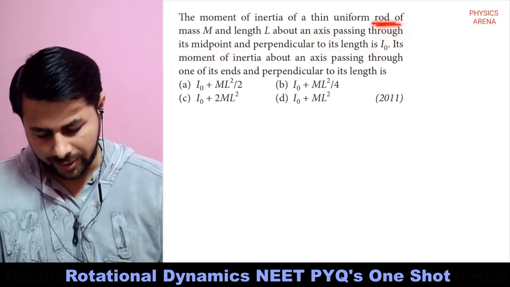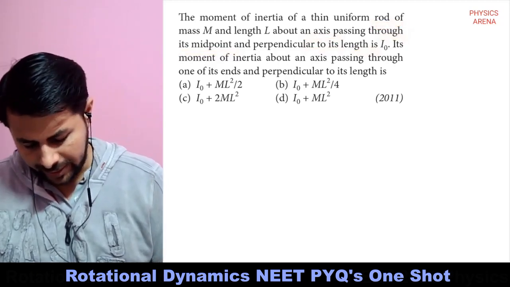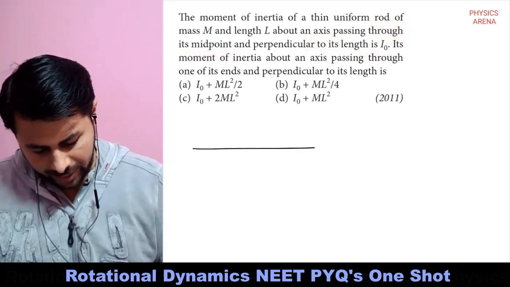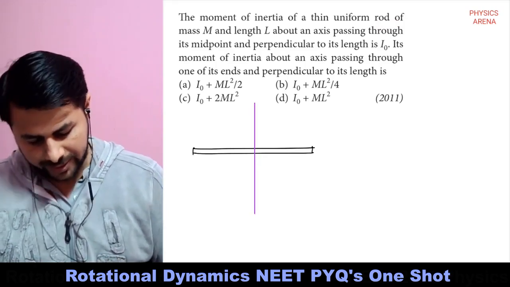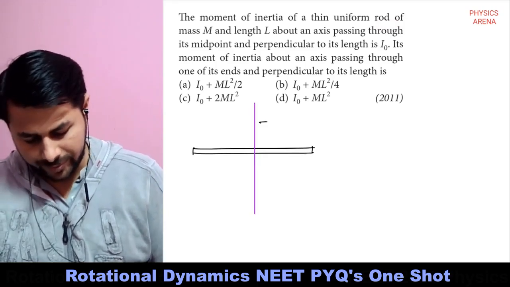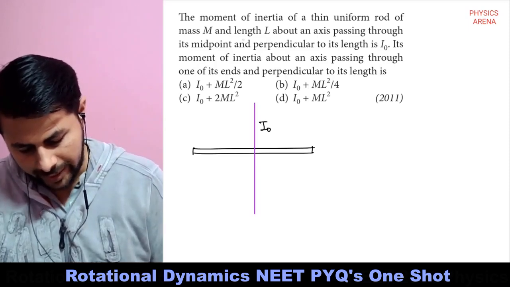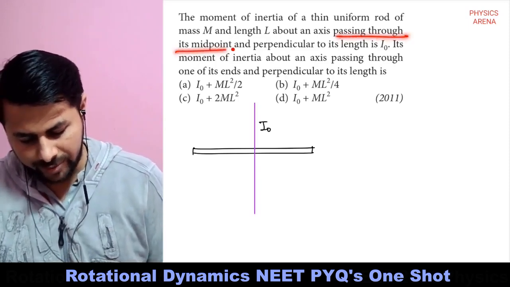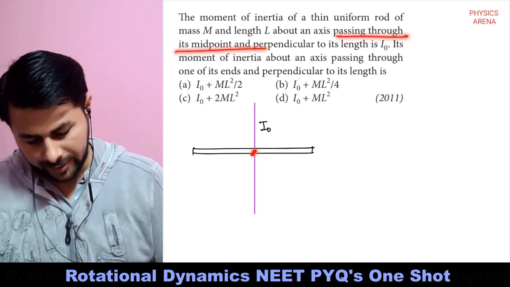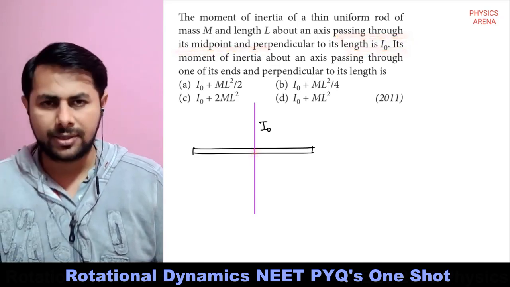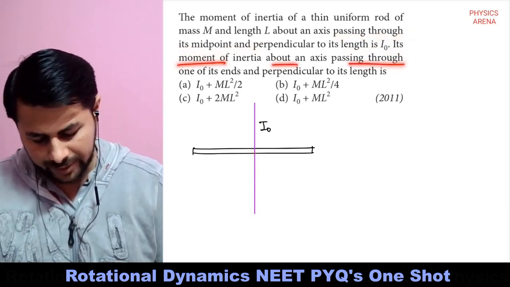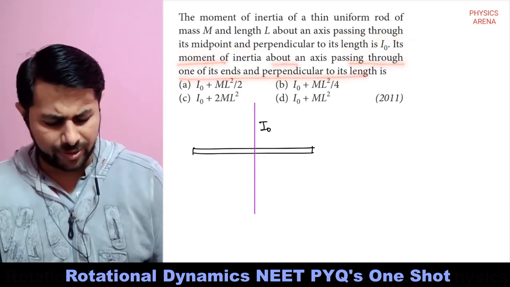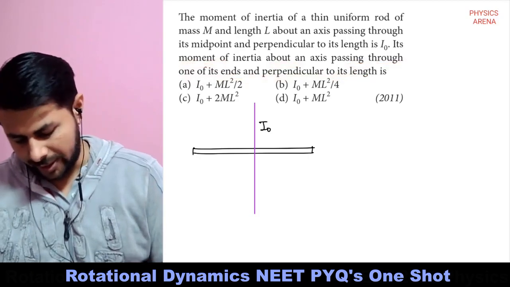This is a thin rod, so it's given that the moment of inertia about this axis passing through its midpoint, perpendicular to its length, is IO. Its moment of inertia about an axis passing through one of its ends and perpendicular to its length is... Okay, so we had solved this.